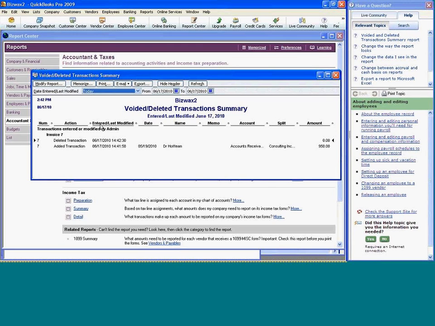So that's very important when you're going through the audit trail to actually see the deleted transactions. So the accountant picks this up and they'll ask you, what's going on over here? Why did this thing actually fall out of the system? So explain to them that we made a mistake and we sent them an invoice by accident. We duplicated something. So that particular case is over there, that's the void deleted transaction.